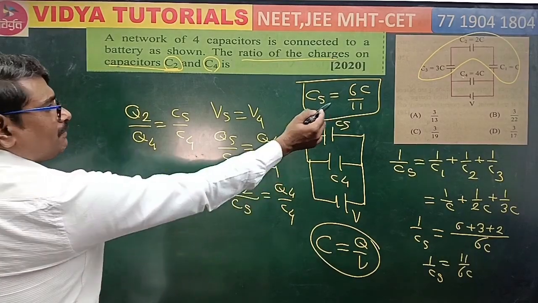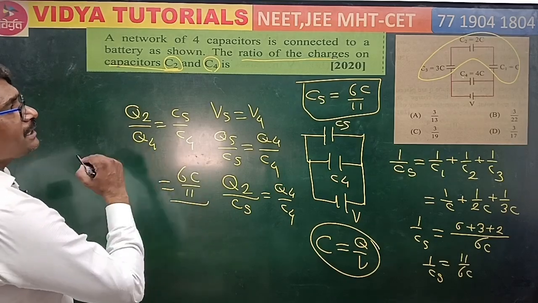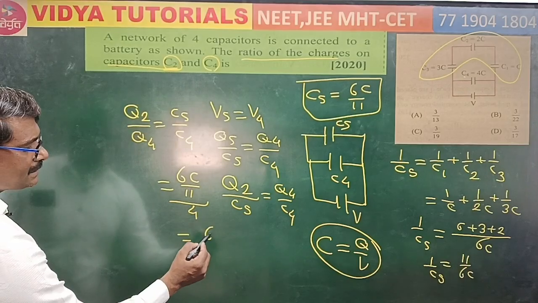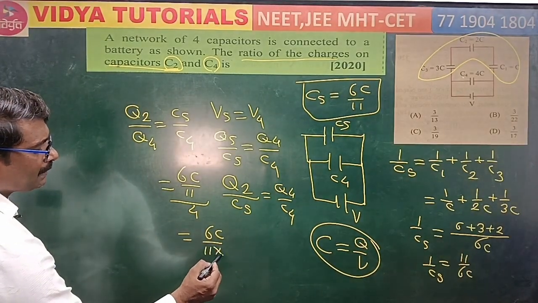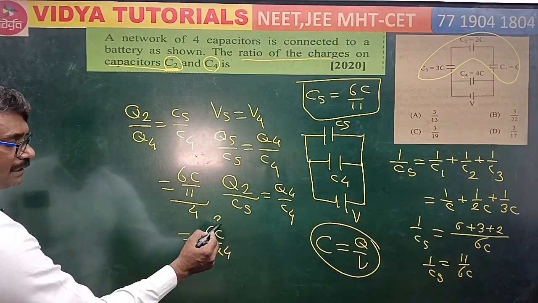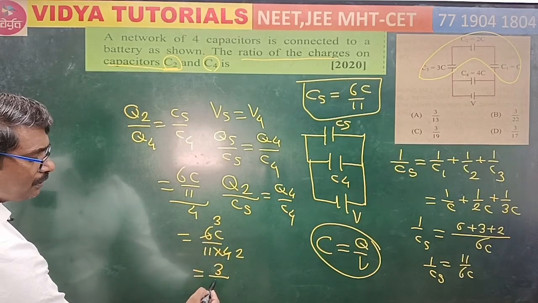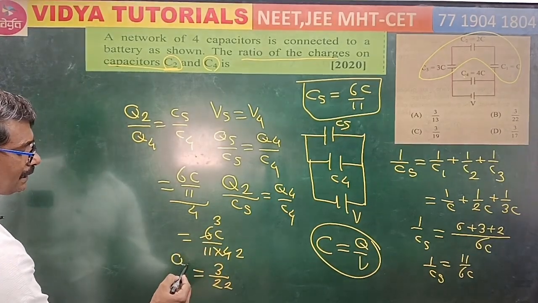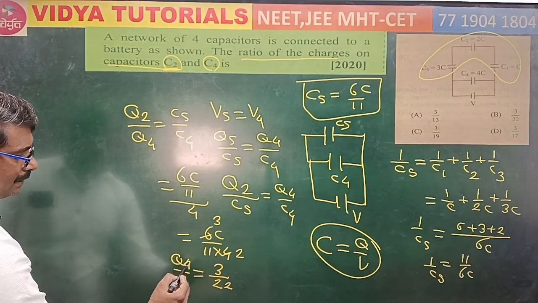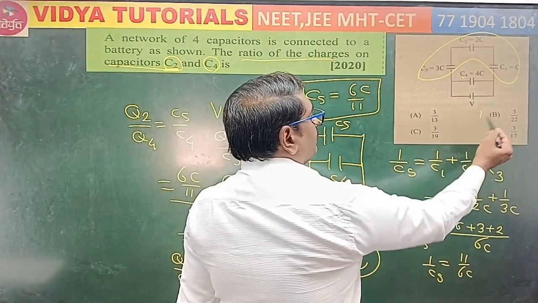CS is 6C upon 11 and C4 has the value 4C, which means 6C upon 4 multiplied by 11. By simplification, dividing by 2, we get 3 upon 22. This is the ratio of the charge on the second capacitor to the charge on the fourth capacitor, and in this way the correct answer is B.